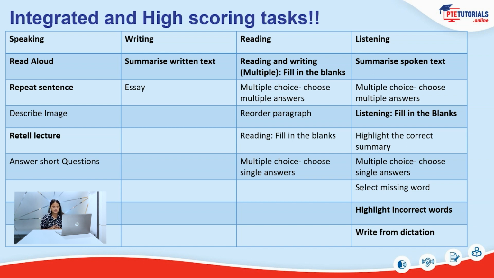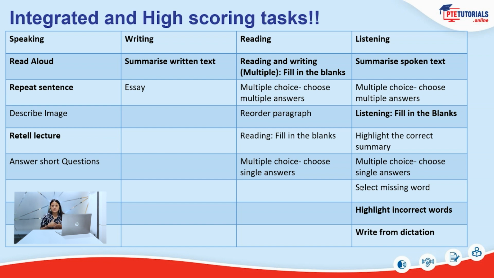Apart from that, in the reading module there is Reading and Writing Fill in the Blanks, which is an integrated task, and it gives a score towards your writing module as well. In the listening section, out of 8 tasks, there are 5 integrated tasks: Summarize Spoken Text, Listening Fill in the Blanks, Highlight Incorrect Words, Write from Dictation, and even Highlight Correct Summary.